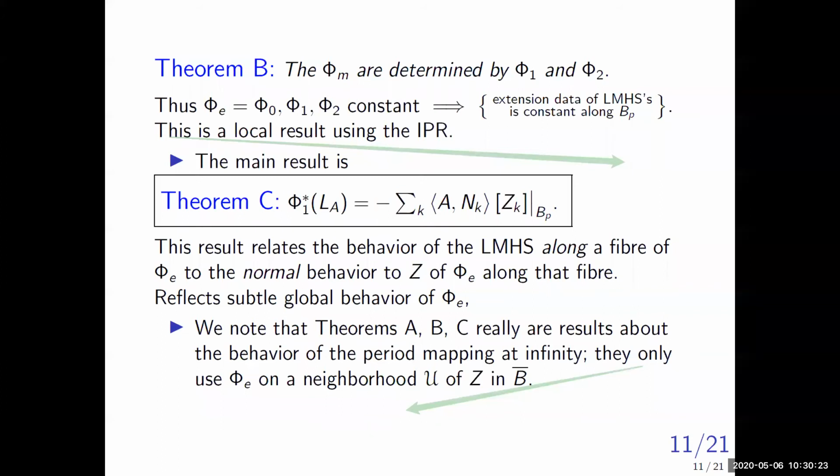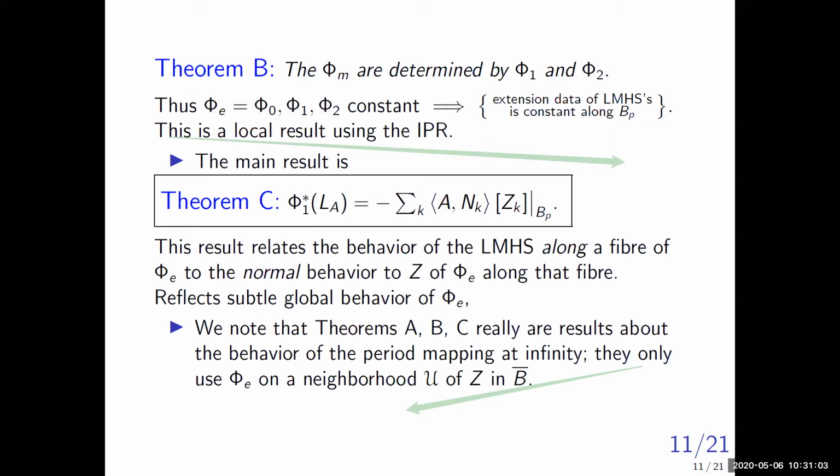The main result is the theorem in the box here. That says if you pull back these line bundles that are defined by elements in the monodromy cone by the extension data map, looking at the level 1 extension data, those are expressed in terms of the line bundles given by the divisors restricted to the fiber, with some coefficients that depend on the pairing between the monodromy cone and its dual.